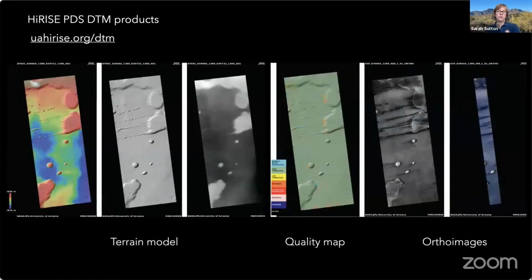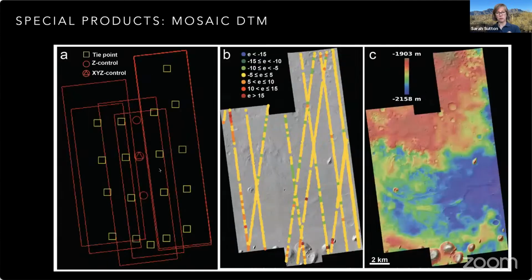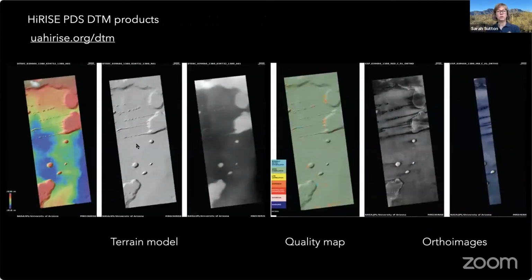Here's another example of some of the output products from this DTM production process. These are all available to the public, and I will give you some links later. The image on the left is similar to the one I showed you, the colorized elevation map. This next image here is the shaded relief.